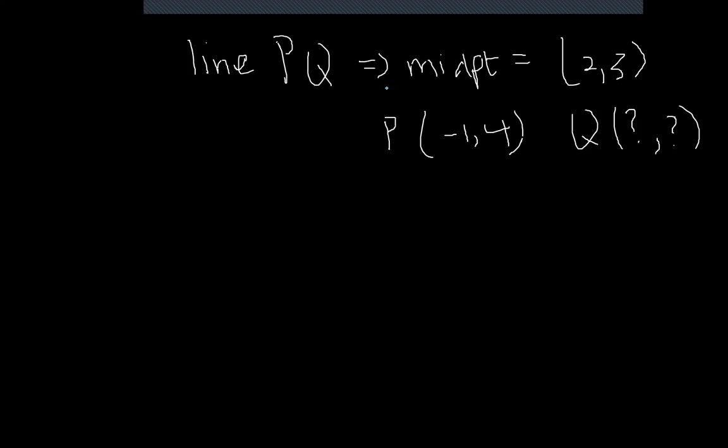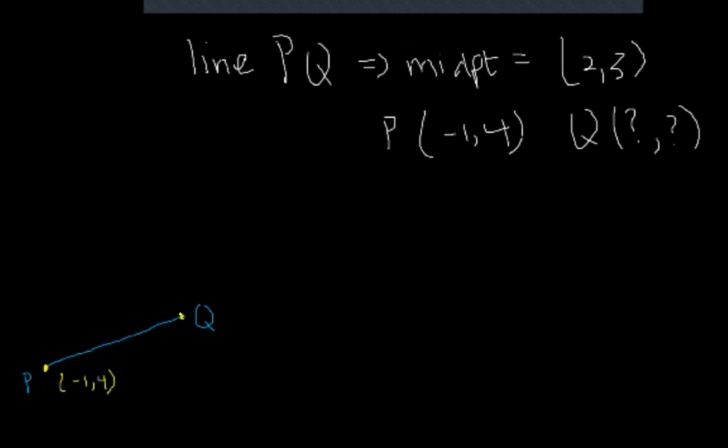So like I said, you could draw a sketch if you want to. So line PQ. Let me name this P, this Q. Let me put the points in yellow. They told us that this point here is -1, 4.